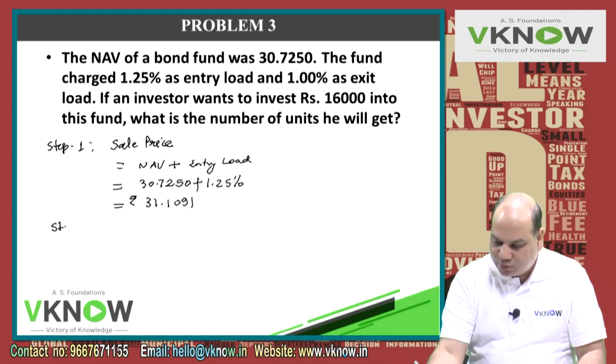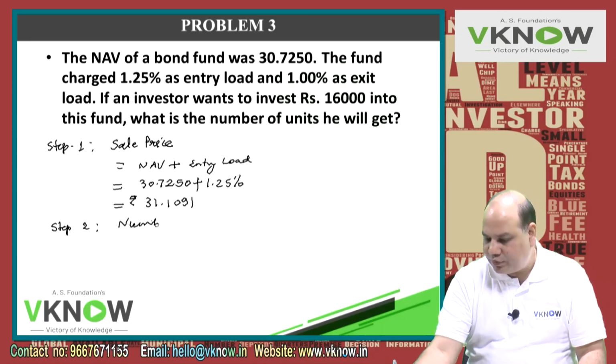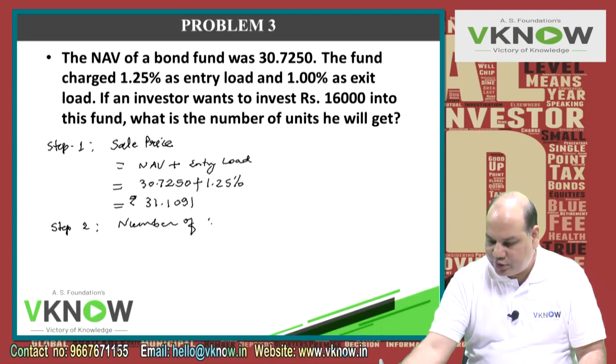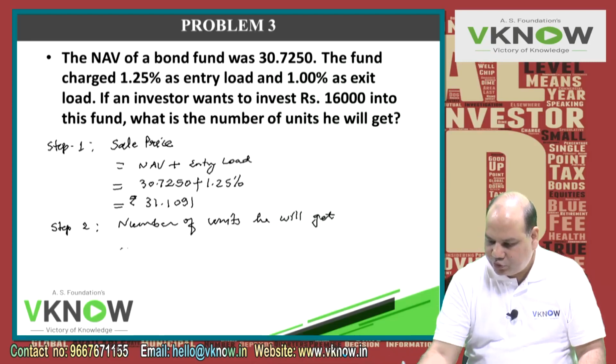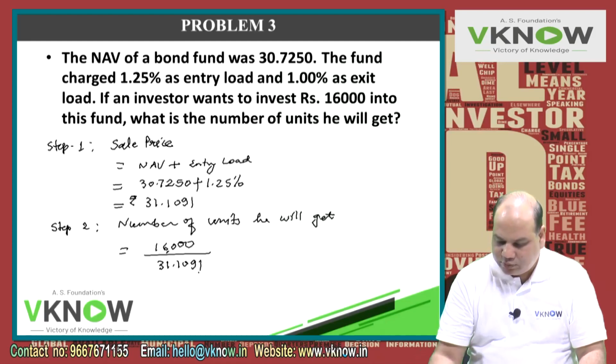And then you write down step number 2, number of units he will get. So he has 16,000 rupees to invest. Mutual fund will sell him 1 unit for 31.1091.